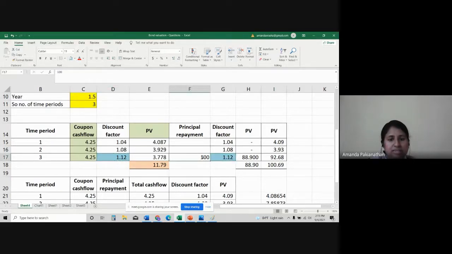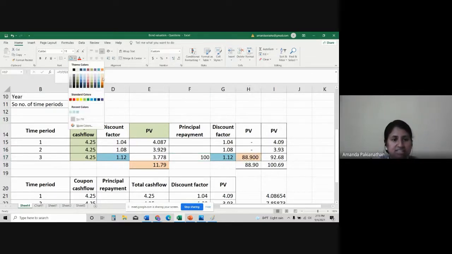So, principal repayment, even though I get 100 in 1.5 years, in today's terms that 100 is only worth 88 rupees and 90 cents. So I have my answer for the third step as well. Step 3 is also okay.